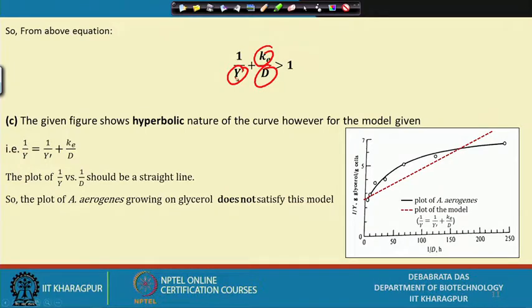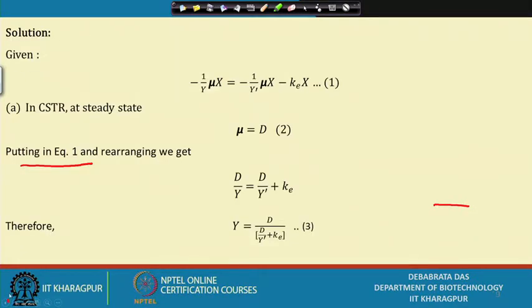And the last part of the problem is that in the case of Aerobacter aerogenes, they found the correlation between 1 by Y and 1 by D, because this is the equation we had.